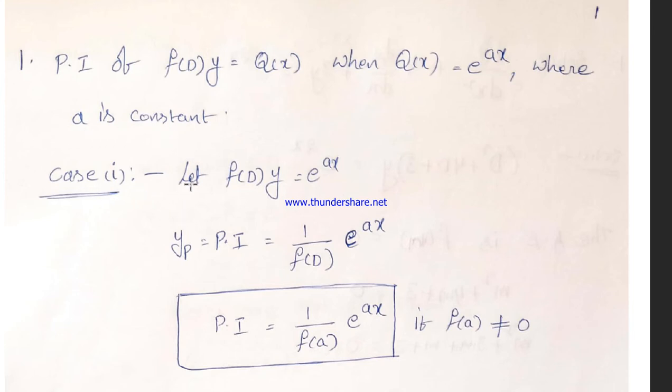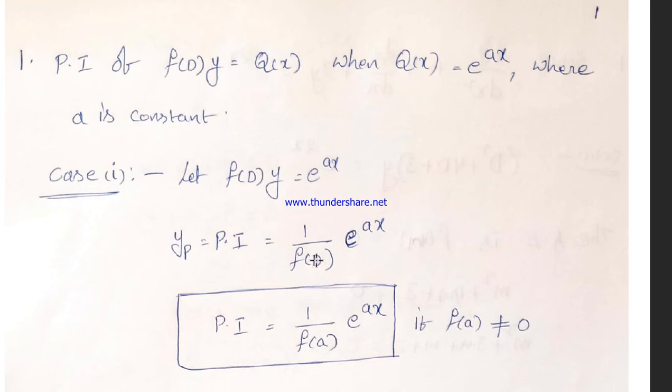So let f of D into y equal to e power ax. The standard form of the particular integral is 1 by f of D into q of x. Q of x is equal to e power ax. In the place of q of x, we have e power ax.